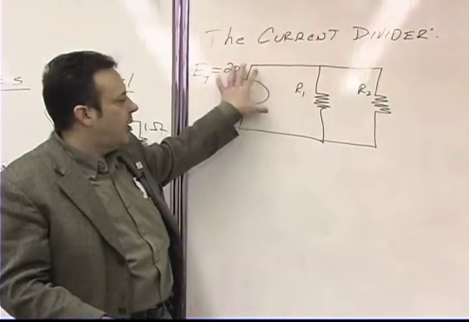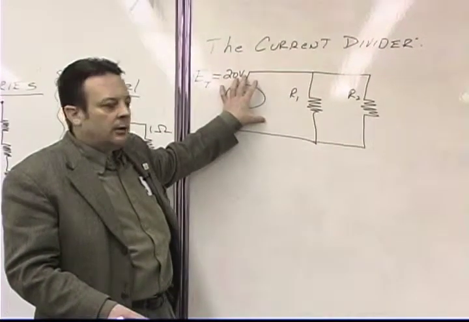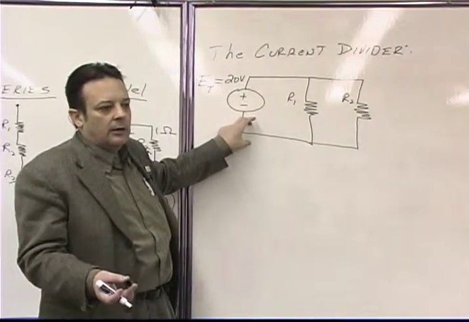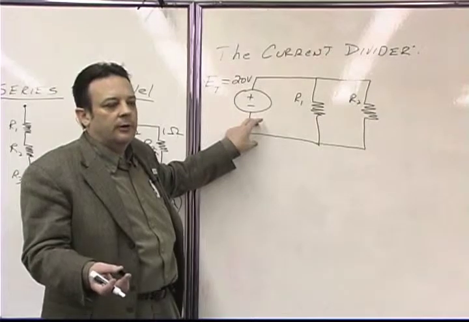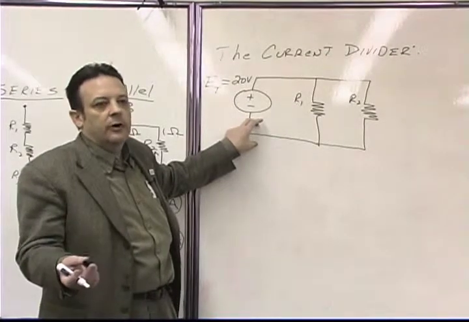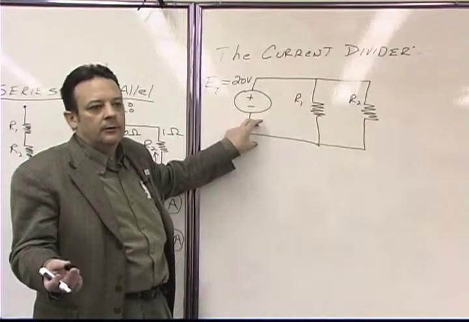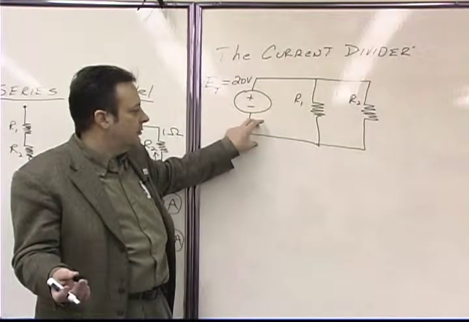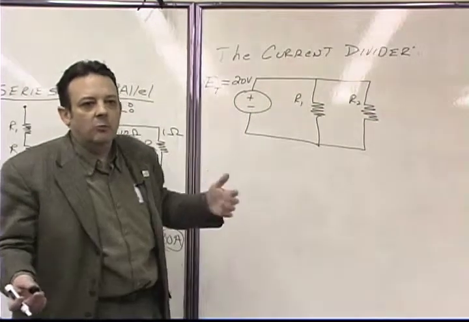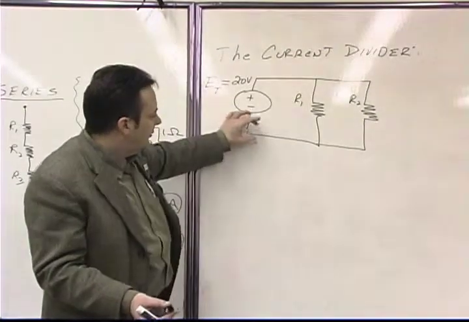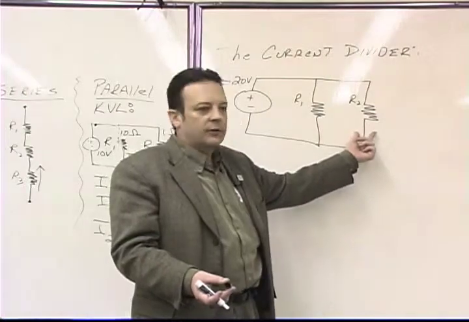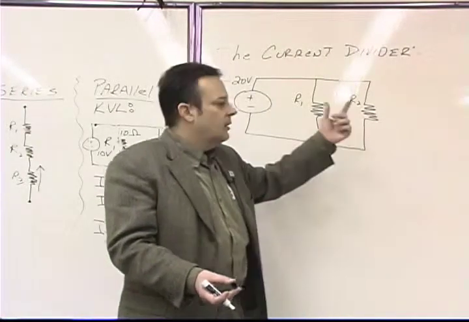So this is my water pump, and this is, let's say, 2-inch PVC, or 2-inch water line, 2-inch copper line, some kind of tubing that we use to run water in our homes. So this is a 2-inch line, this is a 1-inch line, and this is a 1-inch line.